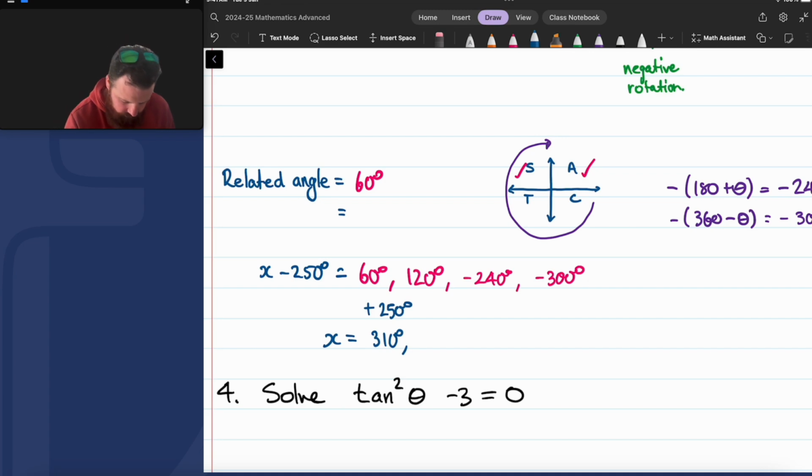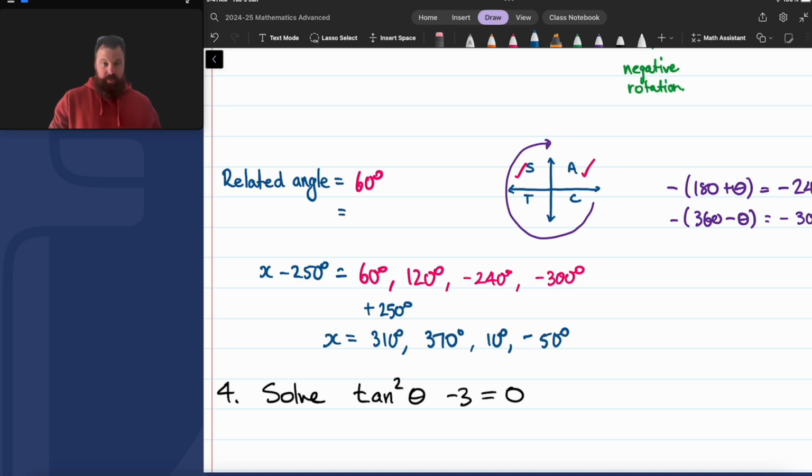Yep, 370 degrees. Negative 240 plus 250, sorry, is 10 degrees. And negative 300 degrees plus 250 degrees is negative 50 degrees.